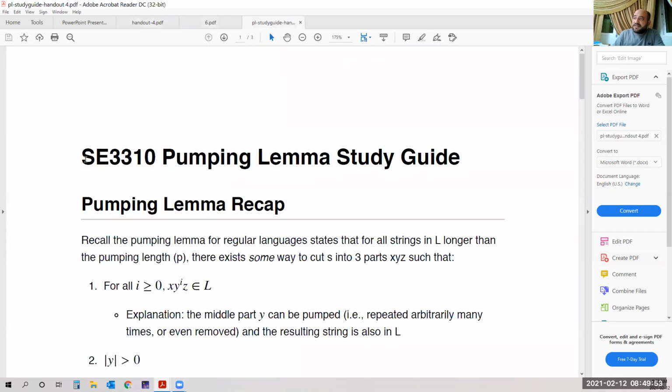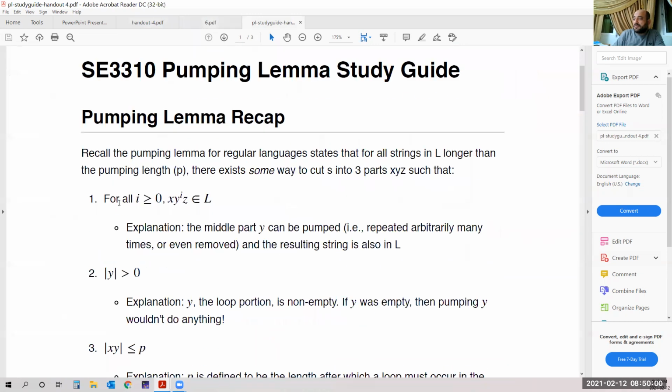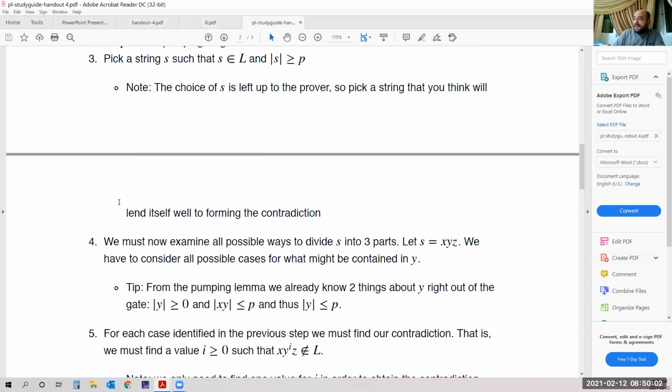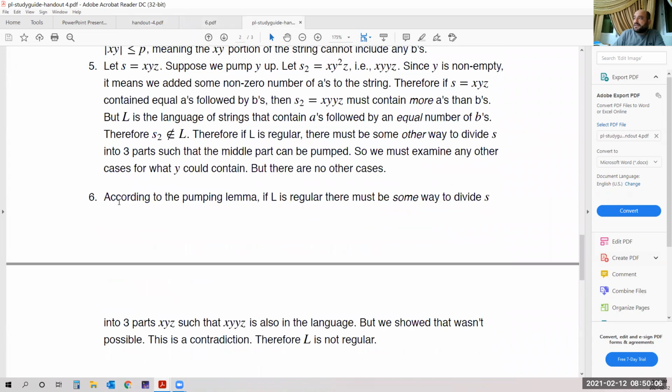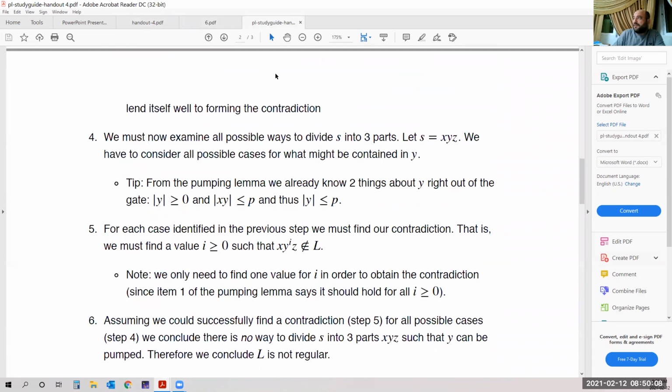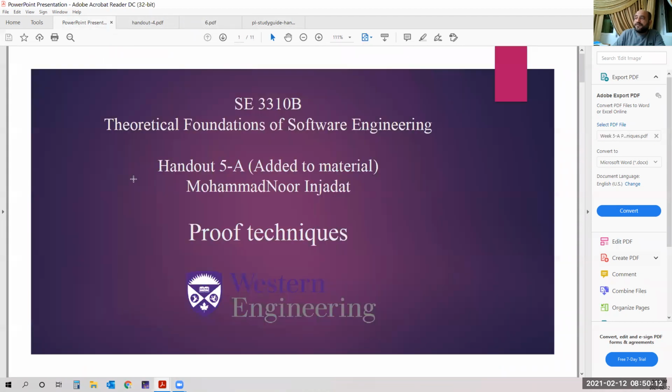Also, there is a study guide offered by Professor Essex, who was teaching this course, for the pumping lemma, the steps that you have to follow, and an example. This material is also helpful. We will also have some proof techniques once we reach the pumping lemma part.